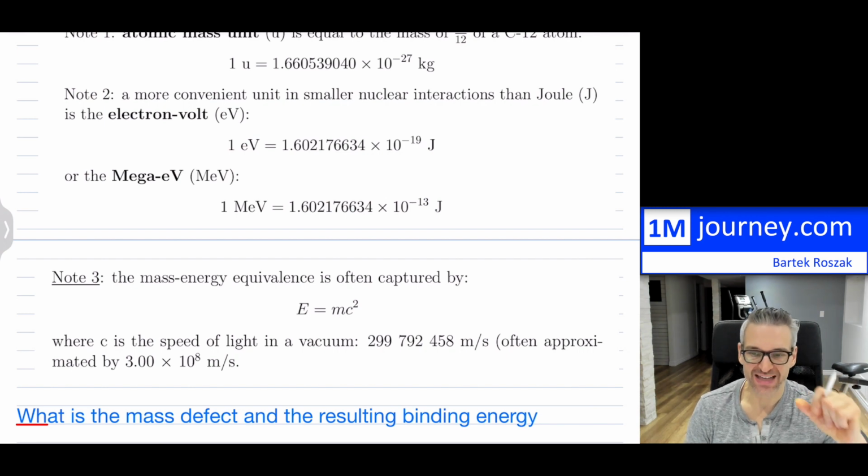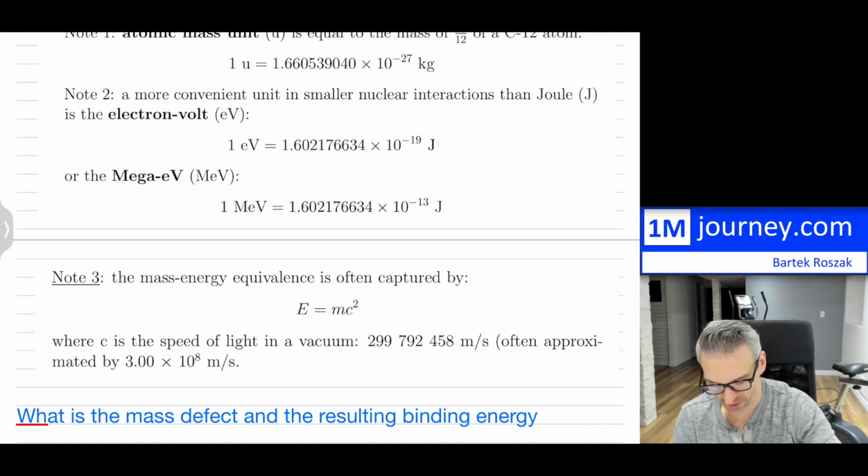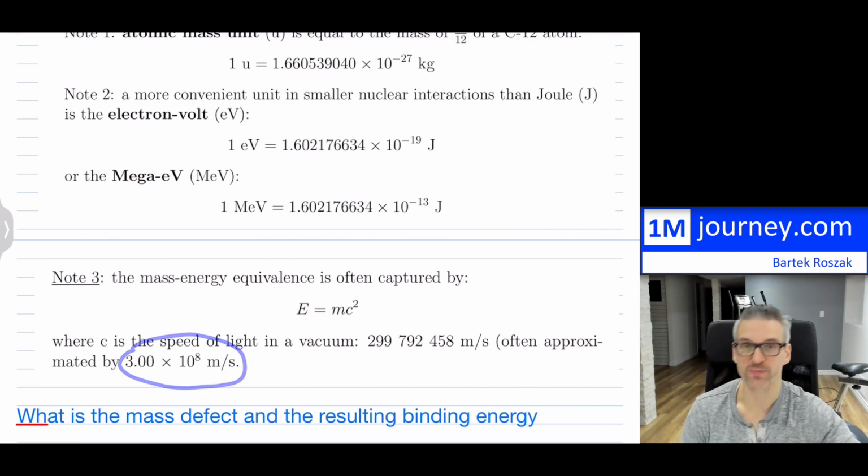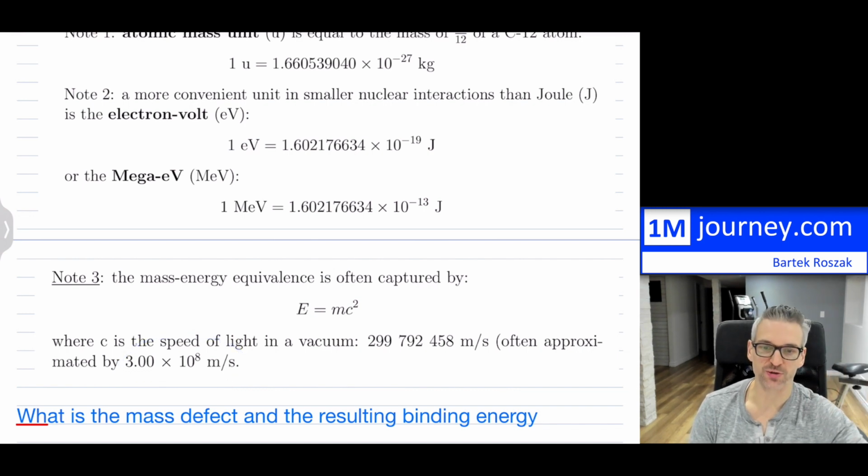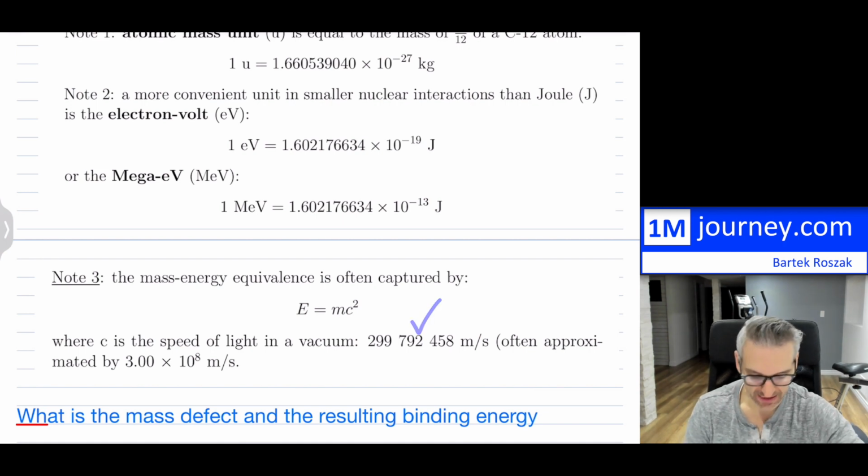That's how fast light is traveling. Often this is not very convenient to remember, so we use an approximation, which is 3 times 10 to the 8 meters per second, which is much easier to remember. Of course, that is rounded, just 3 significant figures, but here is the exact natural value of the speed of light.